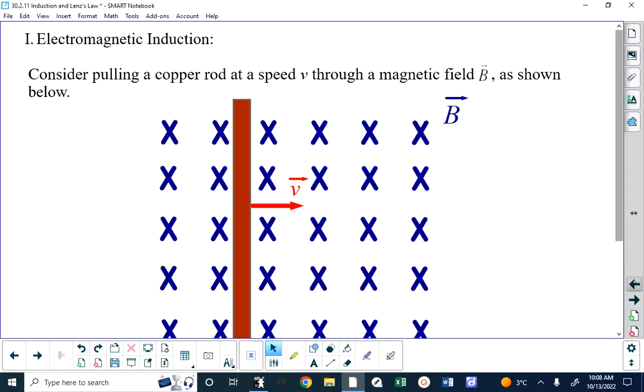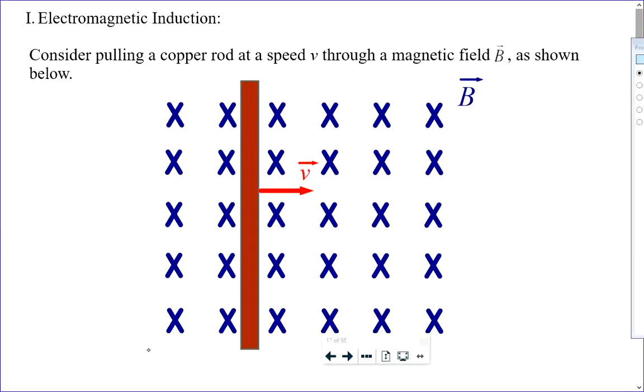Consider having a solid piece of copper, that's that brown thing that I've drawn here, and I'm moving it through a magnetic field at a speed. The speed is the velocity vector given as v, and it's in red. So I'm moving that conductor. Okay? It's not a hollow pipe, it's a solid piece of metal.